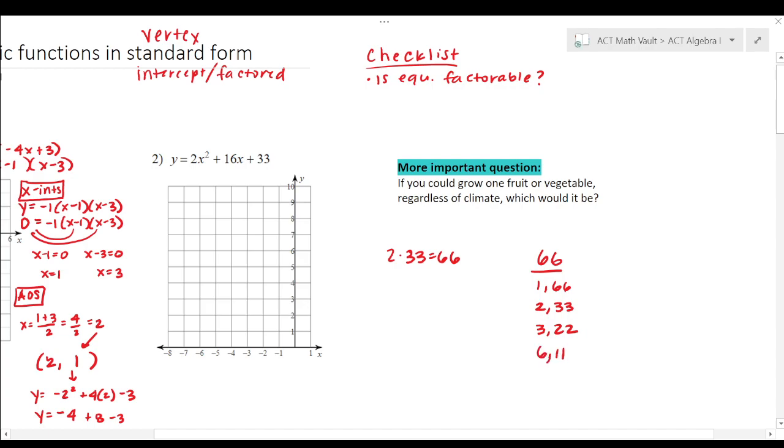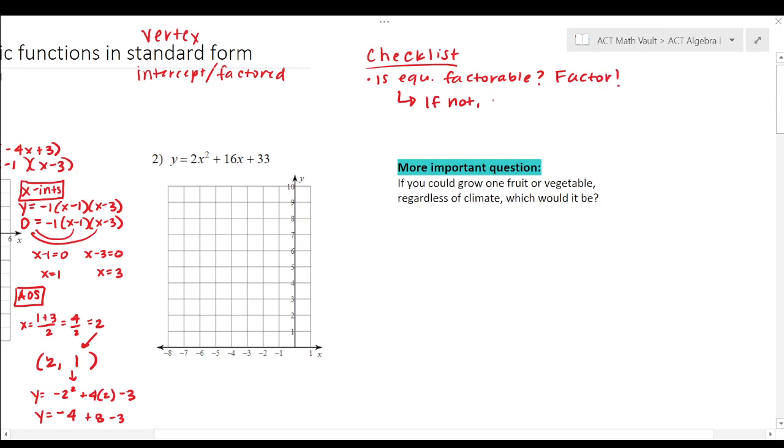Okay, do any of those add up to 16? They don't. So what we have to figure out is, if it's not factorable, so we'll say if not, so is the equation factorable?